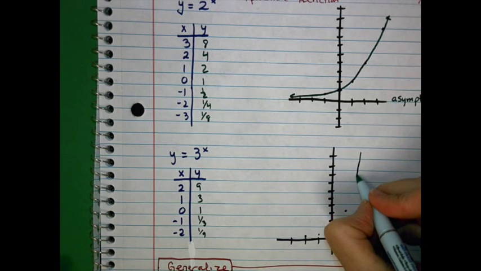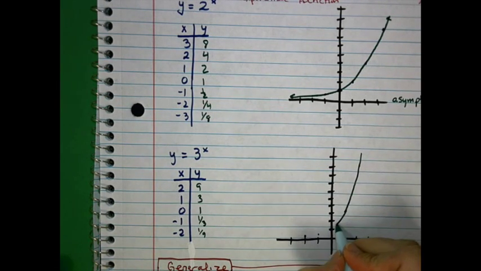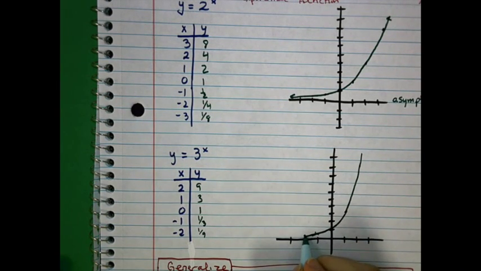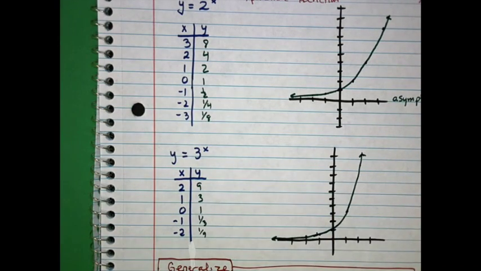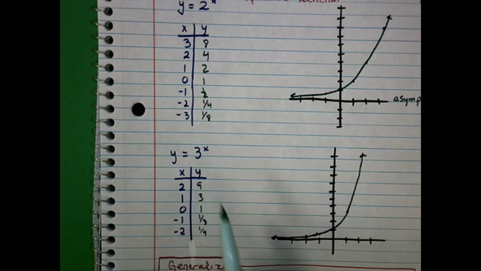So this is the graph of 3 to the x. And notice it's a little bit steeper. I think of if this is a recliner, we've just sat our recliner up a little bit here. With this 3, it's going to grow more rapidly. And in general, there's 2 points you can think of for every exponential function.